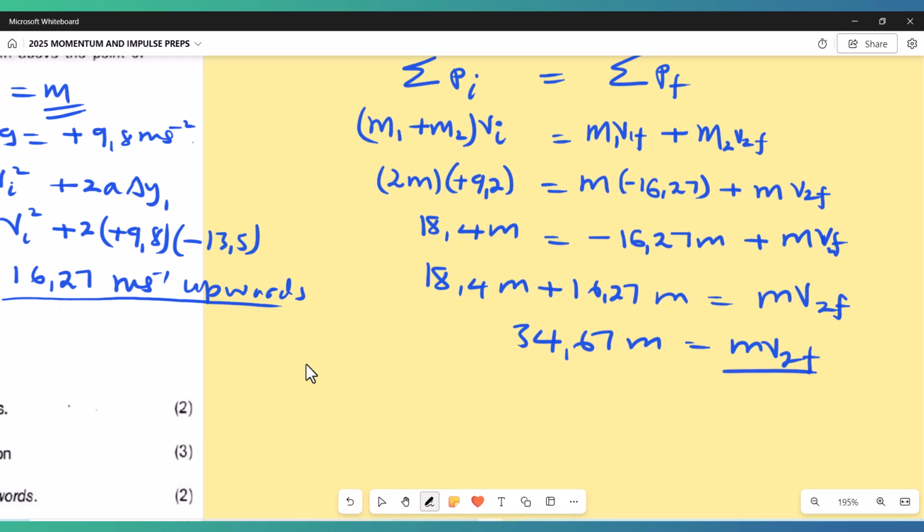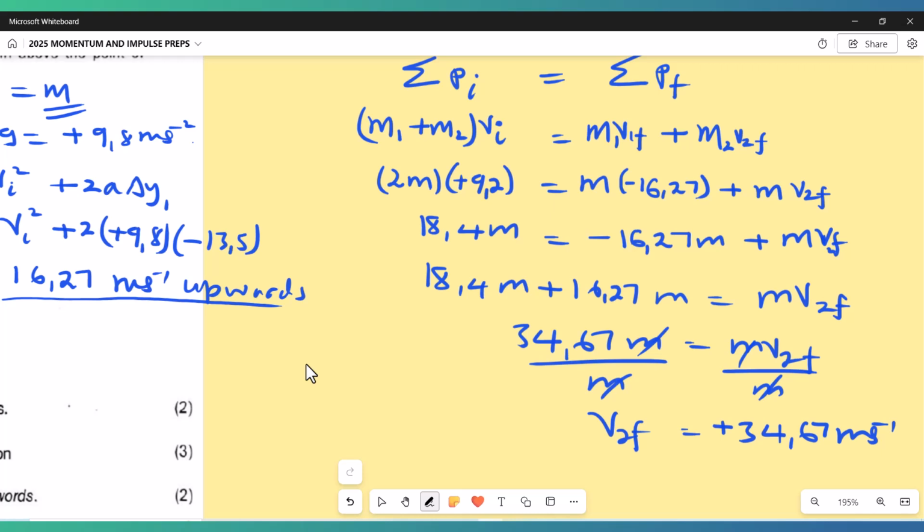Divided by m, the m cancels, and I have my v2 final as positive 34.67 meters per second.